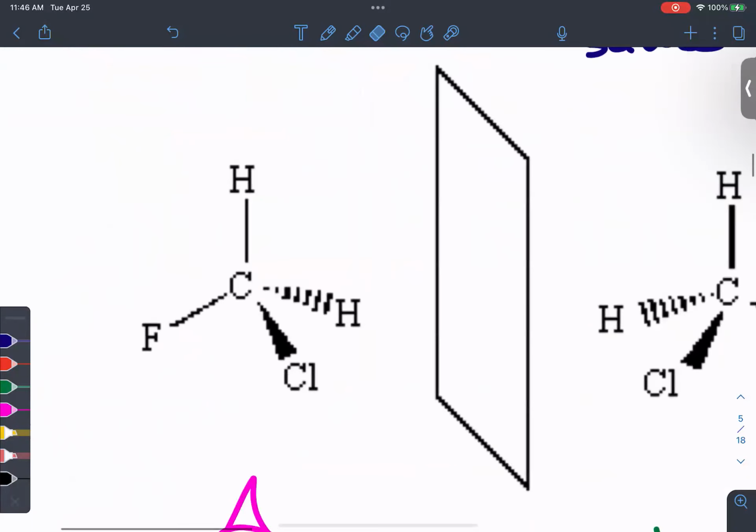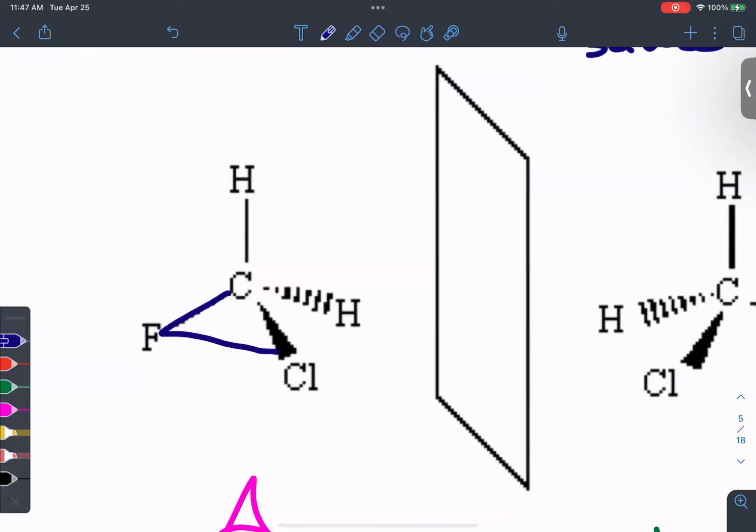Does this molecule have an optical isomer? No, because that carbon does not have 4 unique bonds. Where would you put the mirror plane? Where is the mirror plane in that molecule? No, there is. There has to be. There has to be a mirror plane present if this does not have an optical isomer. It's right here.